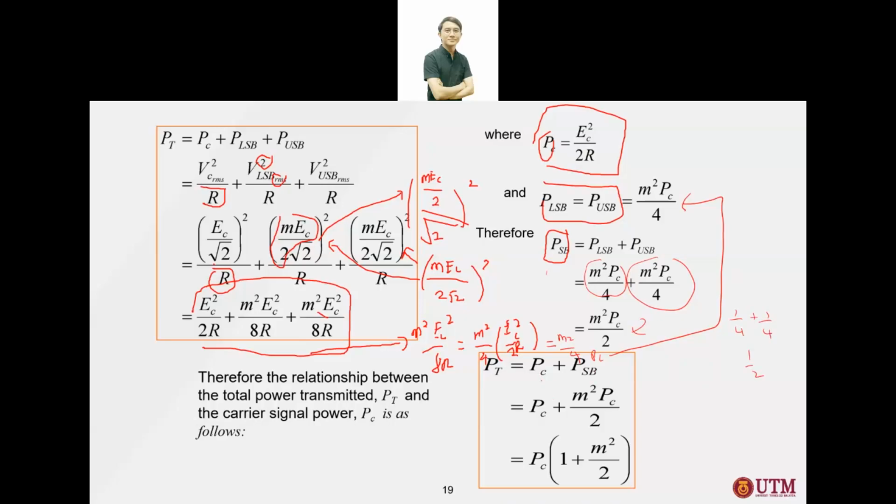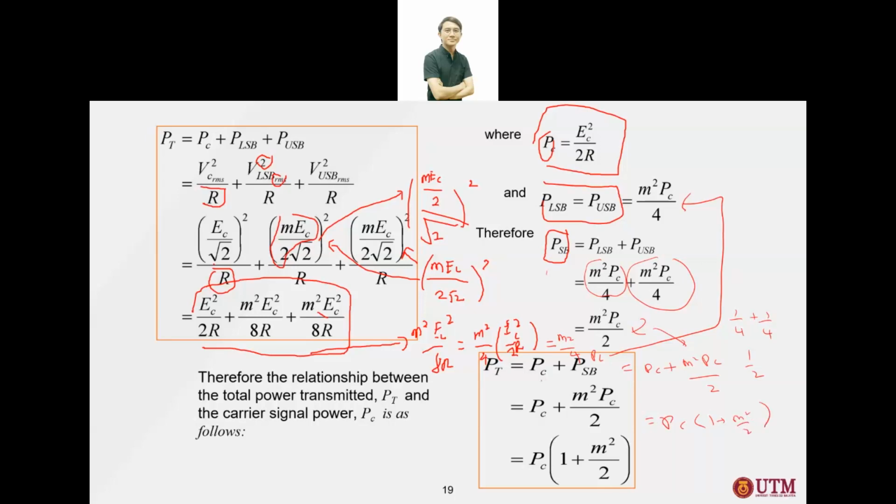So PC plus PSB for the total, you have PC plus M square PC over 2. Then you do factorization, you take PC out, so PC times 1 plus M square over 2.